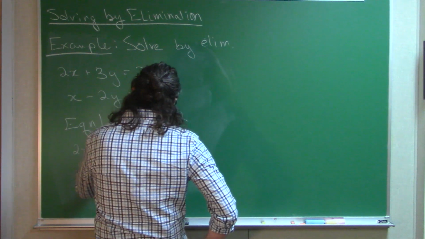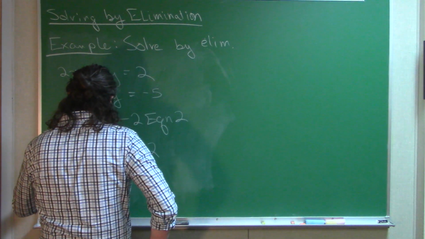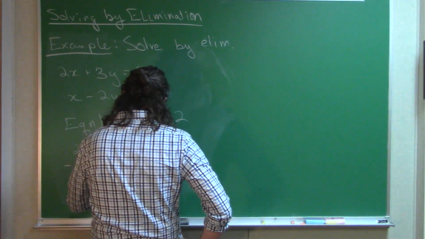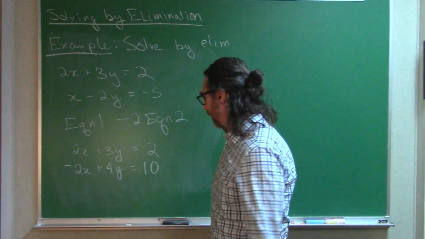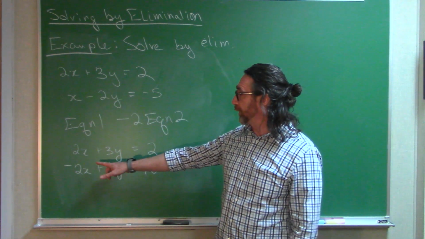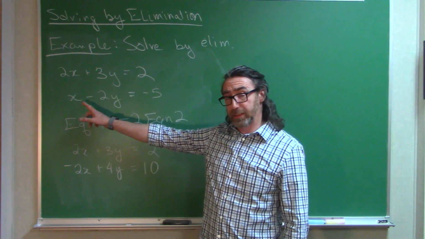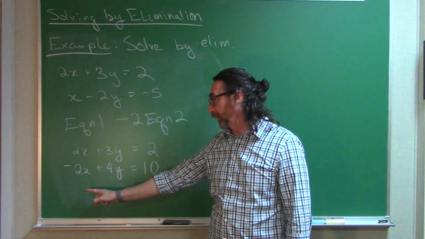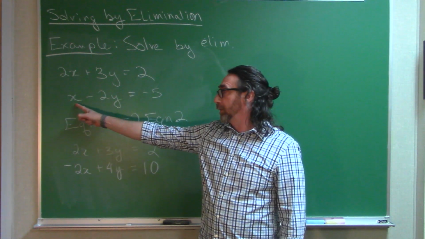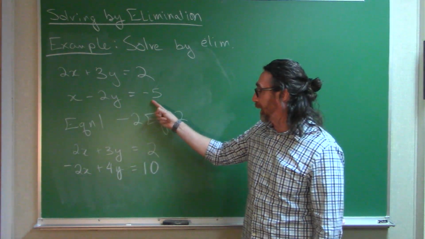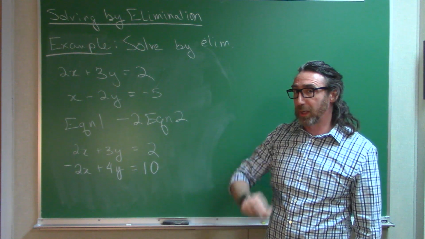2x plus 3y equals 2. Negative 2x plus 4y equals 10. I want you to notice that every term in the second equation got multiplied by negative 2. That becomes a negative 2x, this becomes a positive 4y, and that becomes positive 10.